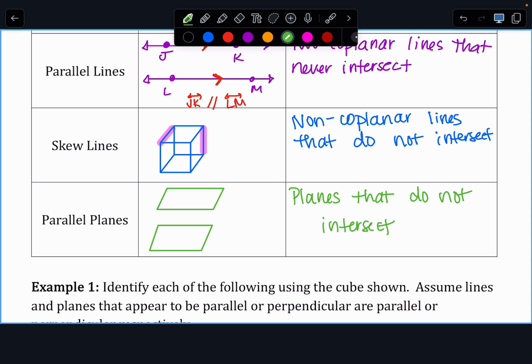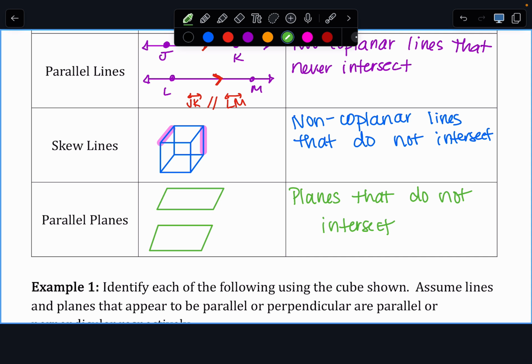Kind of like the floor and the ceiling are 2 parallel planes. Hopefully, I mean, that would be the goal. This wall and that wall ideally should be 2 parallel planes, if the construction guys did their math right.